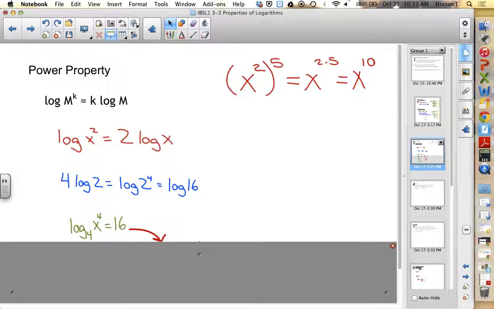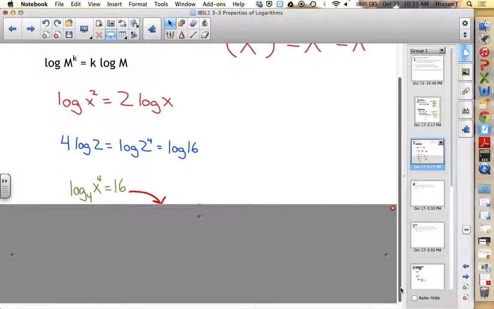The log base 4 of x to the 4th equals 16. If I were solving this equation, you could do this one of two ways. And this is where this rule can really come in handy. Think about this.